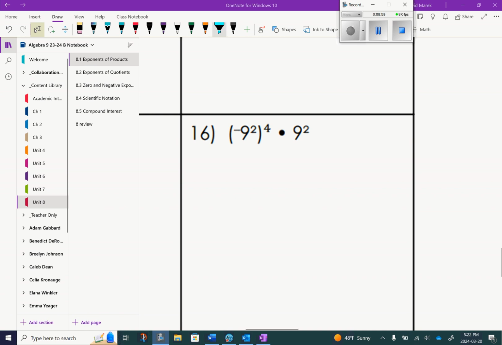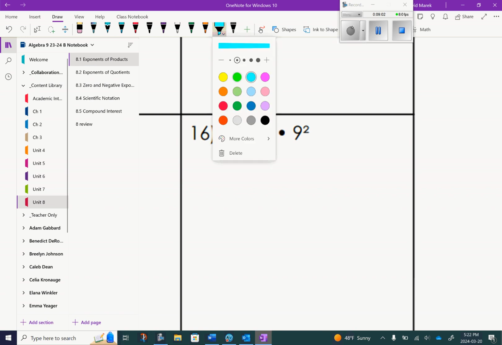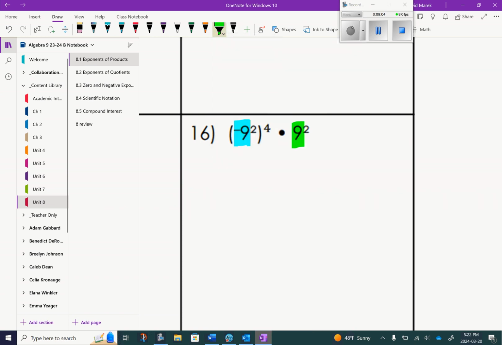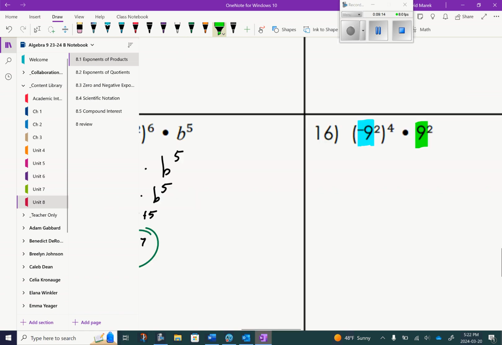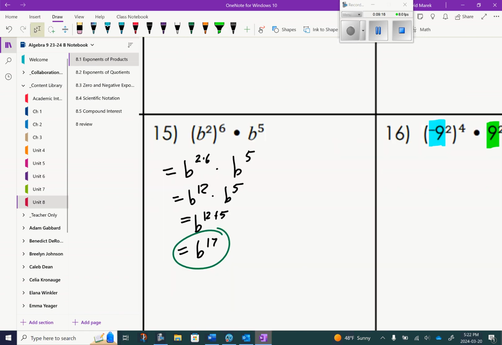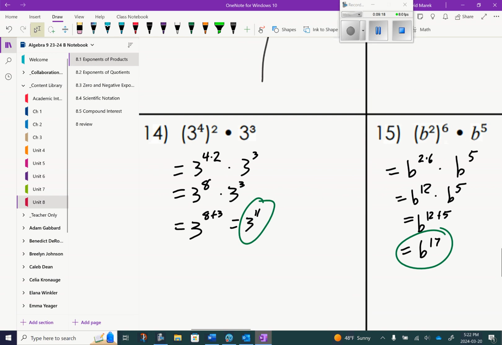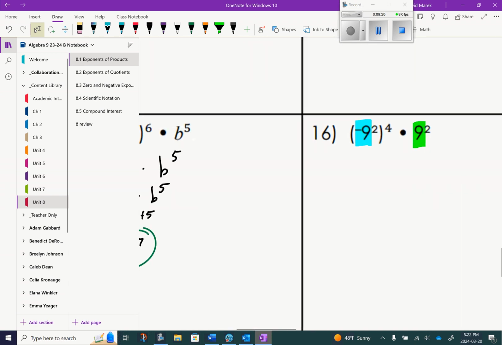The way this is written, this is one number, this is a different one. Okay, for me to combine both of these into a single value here, I need the same base. Here, both of them are b. Here, both of them are positive 3.